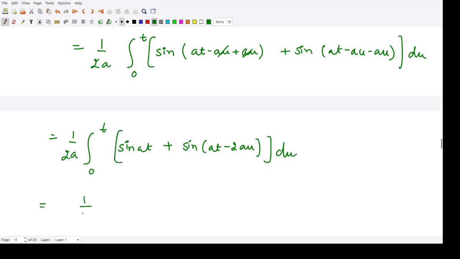So what would be its integration? Its integration would be 1 by 2a, and we have the integration of sine at.